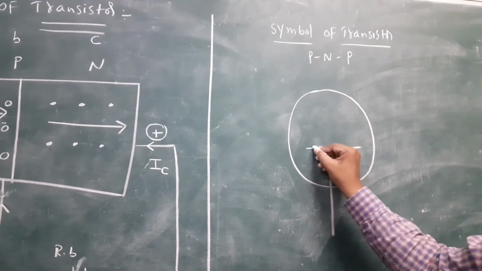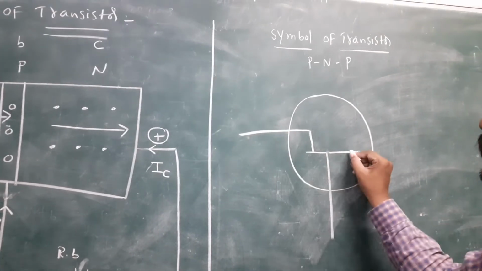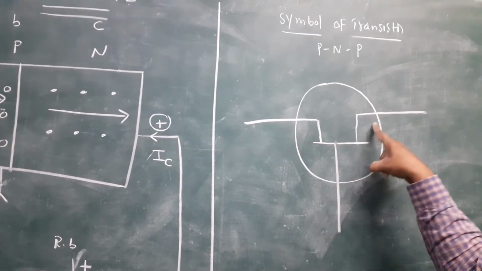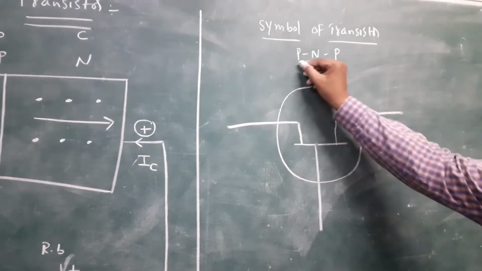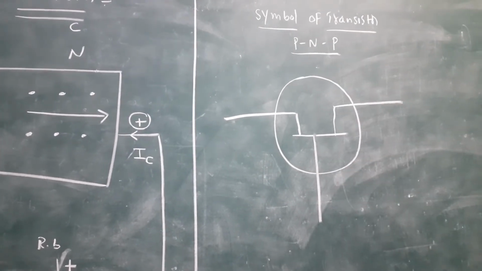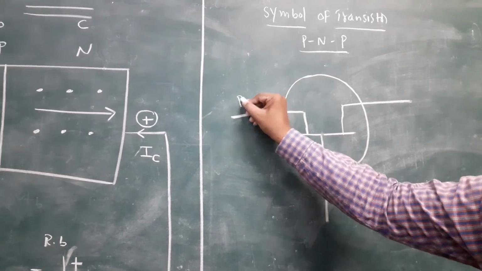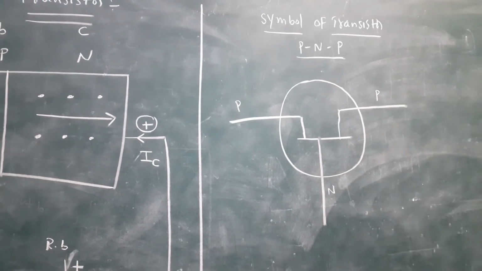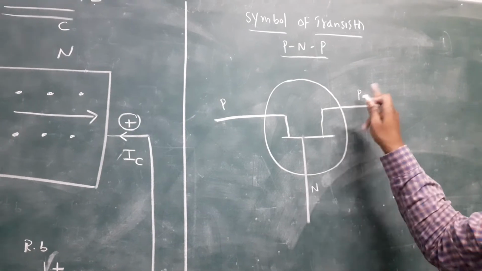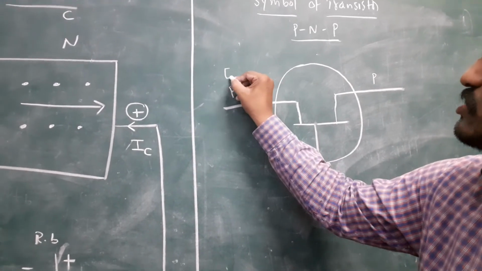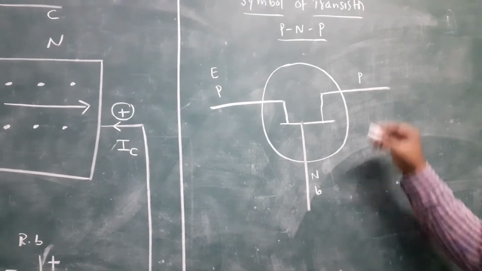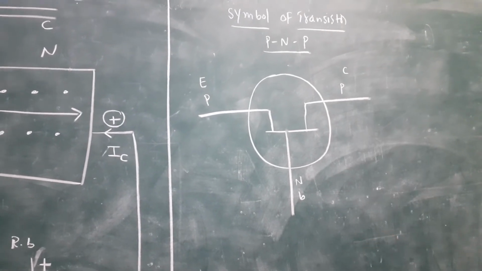Here 3 terminals are there: 1, 2, 3. Write first terminal P, second terminal N, third terminal P. First region is called emitter, second region is called base, third region is called collector.